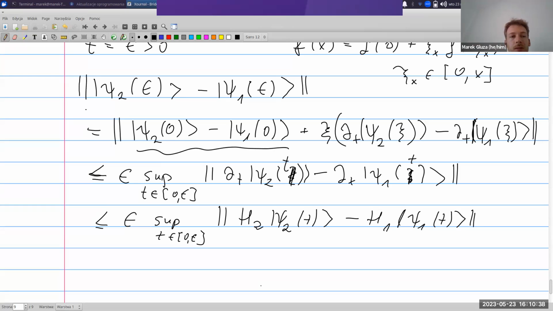So what used to be the evolution is kind of bounding this at all previous times. So what is the maximum of that difference?